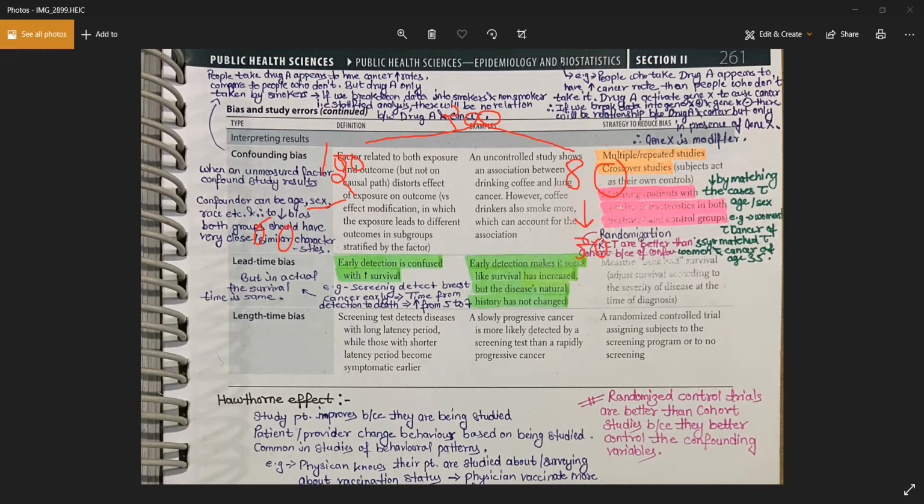So if you look at this group, what is the risk of having the cancer? It would be 60 upon 120, right? This is a risk. In case of this group, it would be 30 upon 80, the risk of having the cancer.